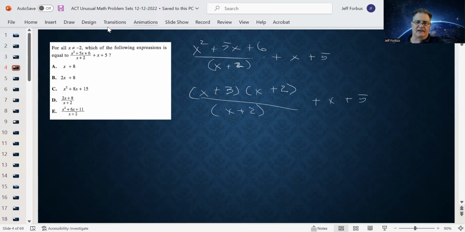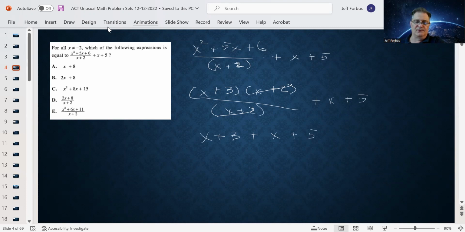Now we're dividing here. So that means that this binomial in the denominator, x plus 2, can cancel or divide out the x plus 2 in the numerator. And that leaves x plus 3 plus x plus 5. Now let's clean up what we have.